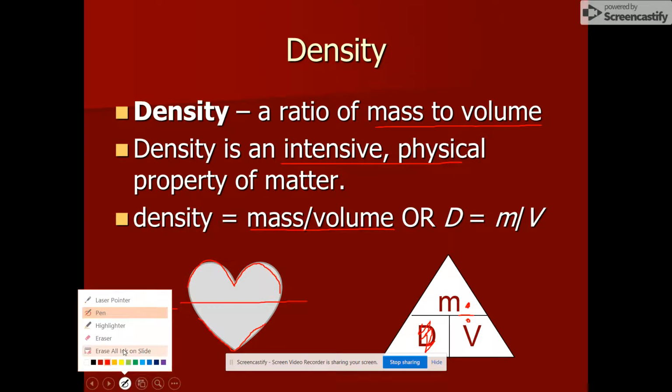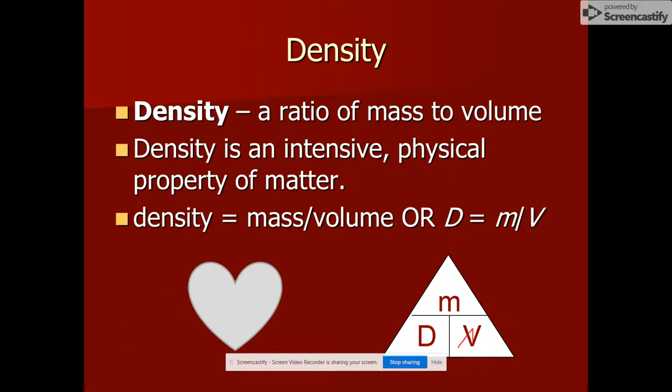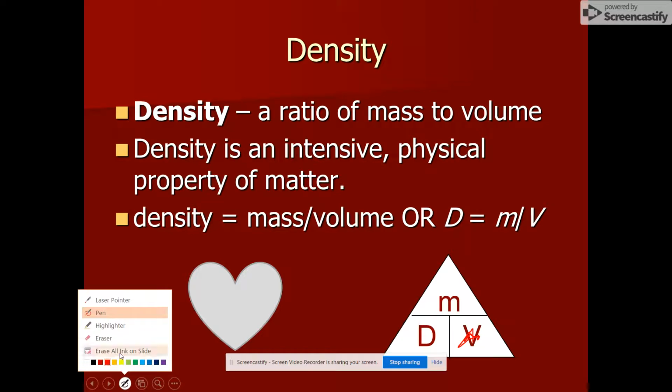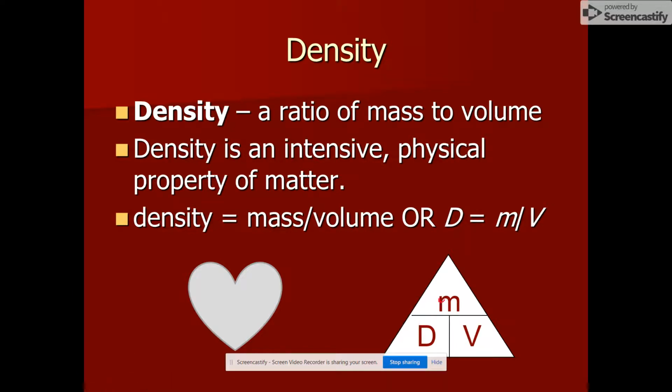And if I wanted to find volume instead, cover that up, I have M over D, mass divided by density. And lastly, if I wanted to find mass, I cover that one up, and I have D next to V, meaning since they're next to each other, I'm going to multiply those variables, density times volume.